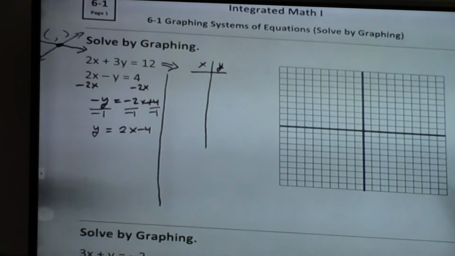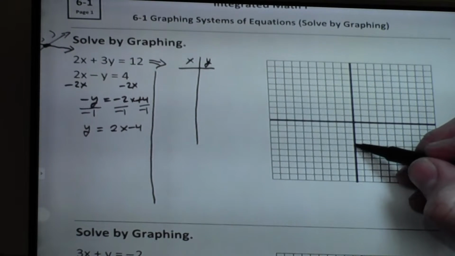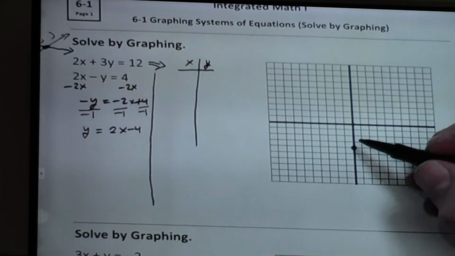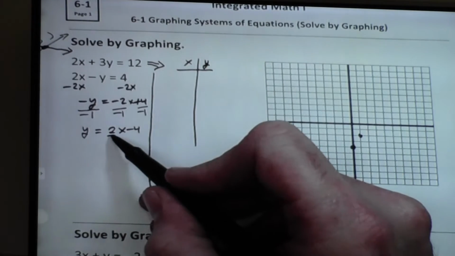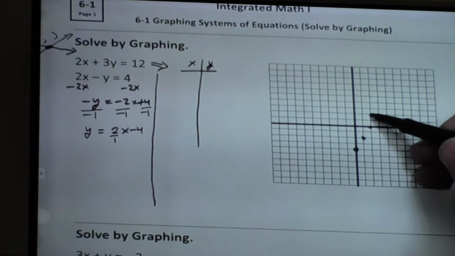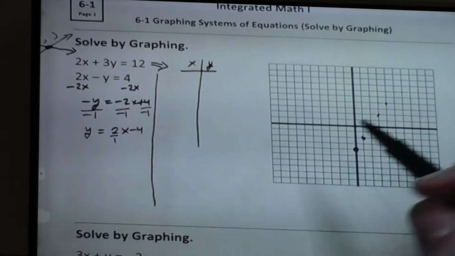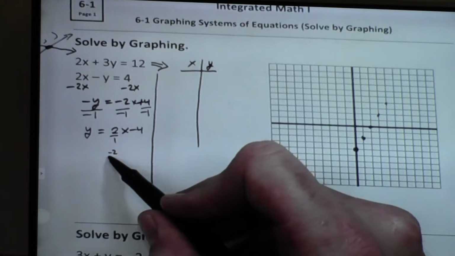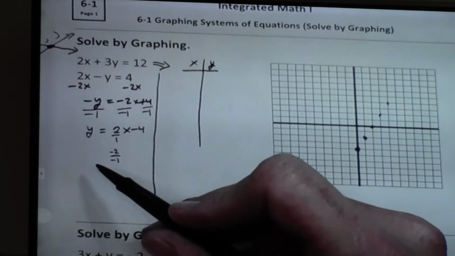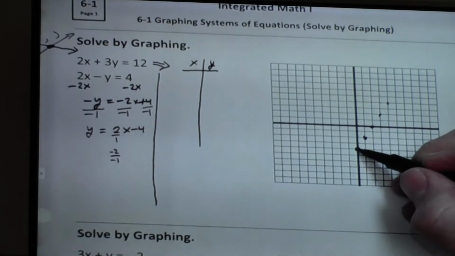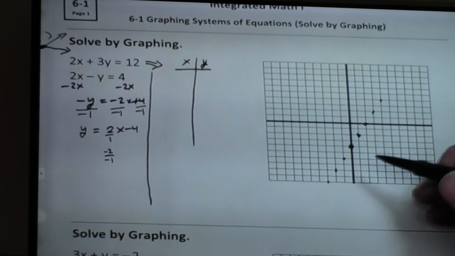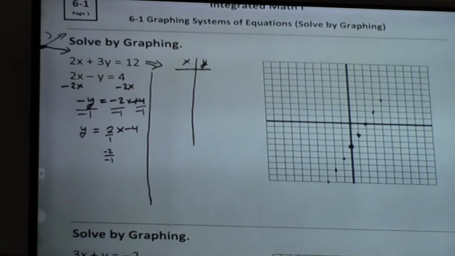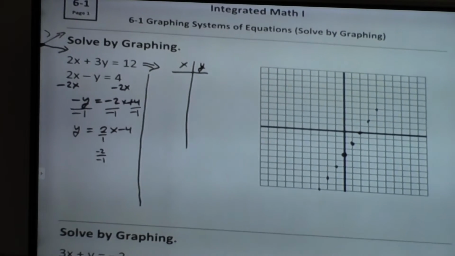I'm going to graph that one first. Let's go over to negative 4, and I'm going to go up 2 over 1, because this gives me a slope of 2 over 1. Up 2 and over 1, and up 2 and over 1, and up 2 over 1. I can treat that as negative 2 over negative 1, because that's also mathematically the same, and that helps me to go down 2 and over 1 the other way, and it makes for a better and easier to draw line.